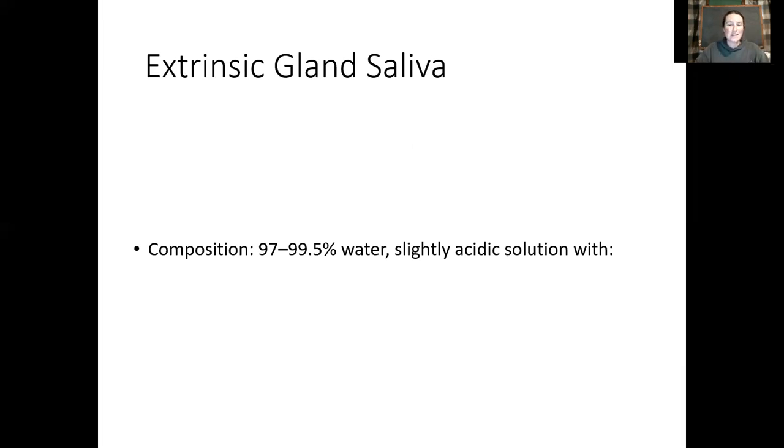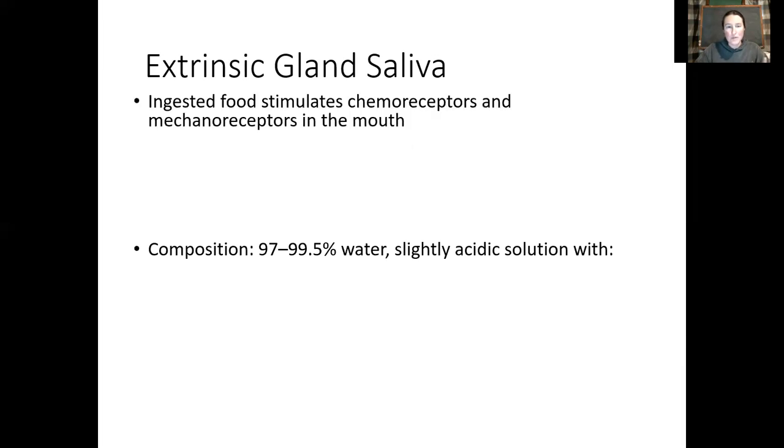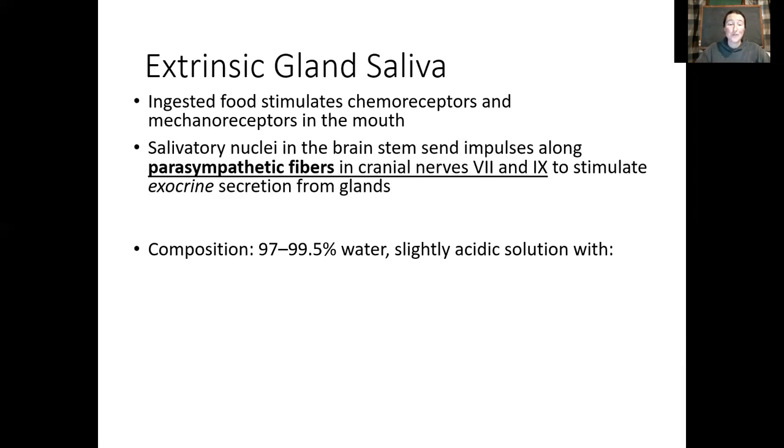It is slightly acidic, but again, mostly water. It is stimulated by the chemoreceptors and mechanoreceptors in your mouth, as well as the thoughts of food, of course. It is the parasympathetic nervous system that's actually going to be controlling this entire process, right? The parasympathetic nervous system is the rest and digest division of our nervous system.